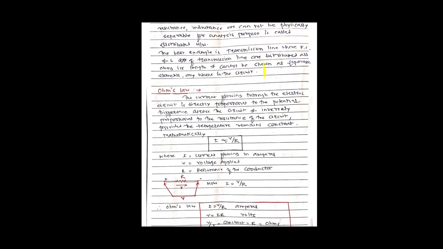So next one is a distributed network. What is distributed? It is exactly the opposite of a lumped network. A network whose circuit elements, like resistors and inductors, cannot be physically separable for analysis purposes is called a distributed network.